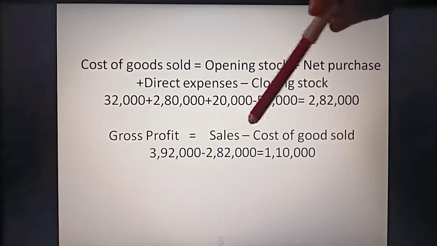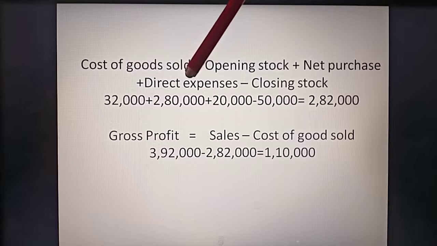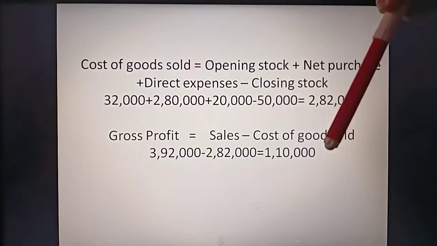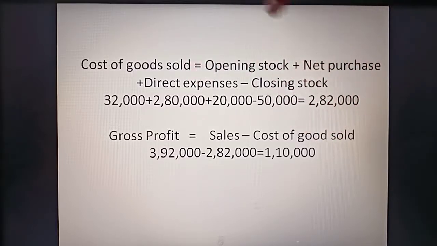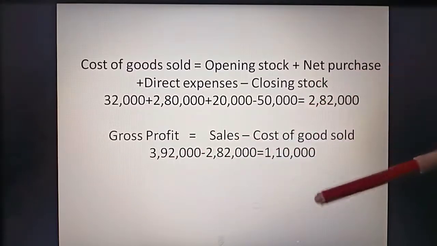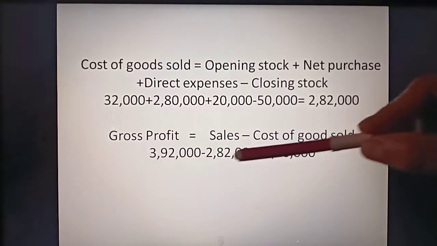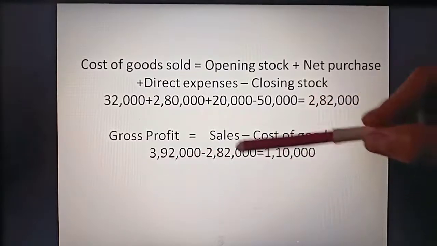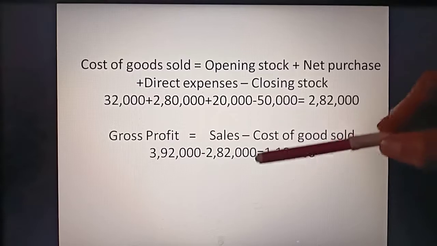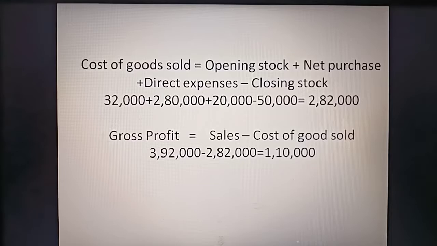Sales is 4 lakh and sales return is 8,000, so you deduct sales return from sales and get net sales of 3,92,000. Minus cost of goods sold that you have already calculated, 2,82,000. Now deduct, and you will get 1,10,000 as the gross profit of the business.